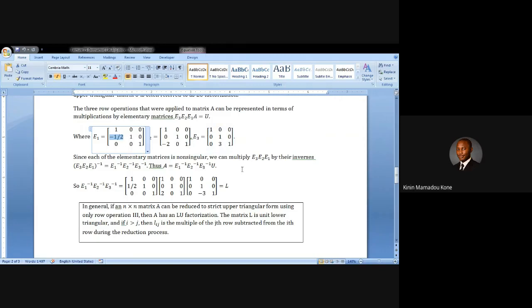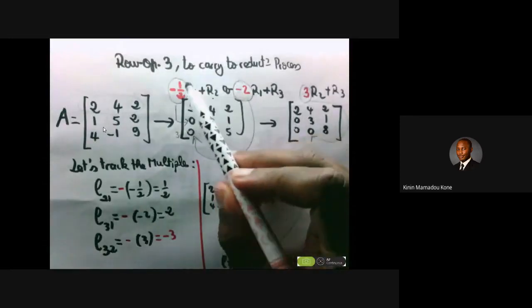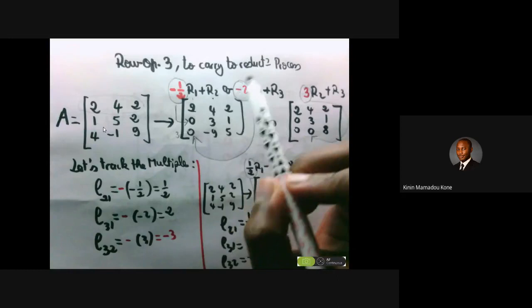So let me do it on paper. Now the row operations. I will now represent them in terms of a matrix.